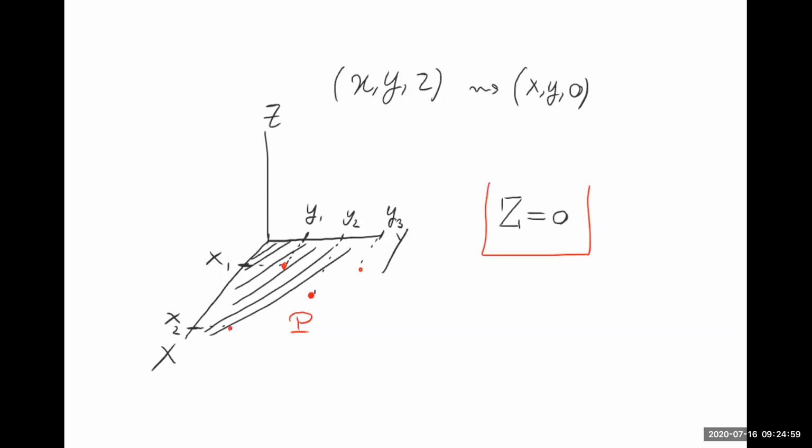Z equals 0 is the XY plane. Z equals 0 is exactly where this XY plane is. We have other planes too, and we can describe them in a similar way.